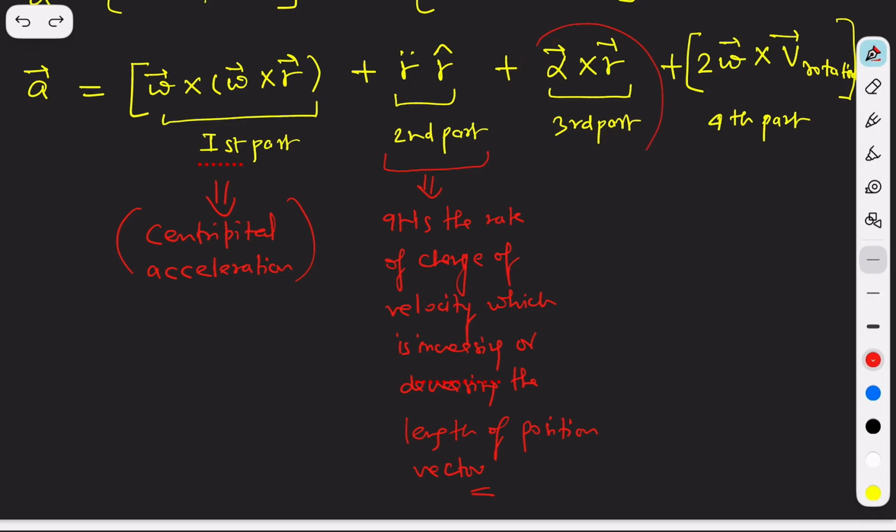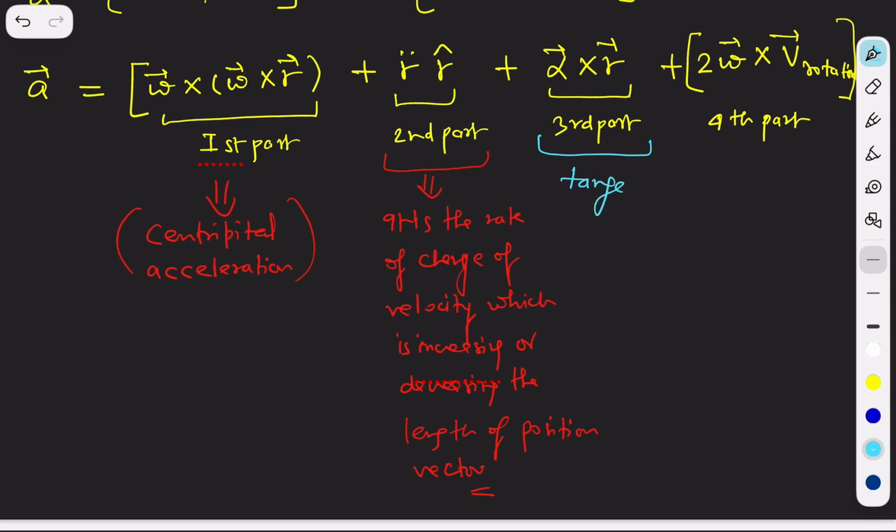Okay guys, let me put it with a different color. So this is known as your tangential acceleration.